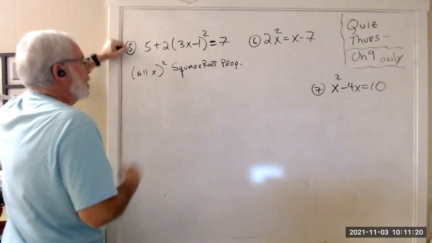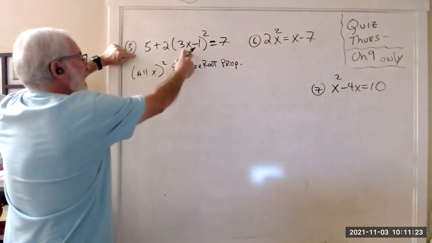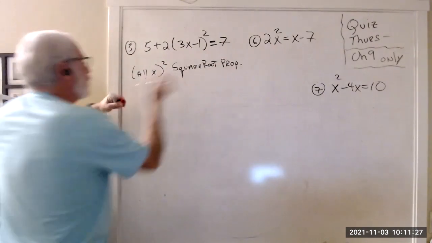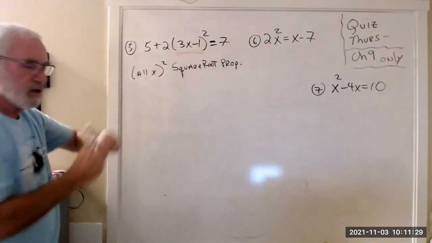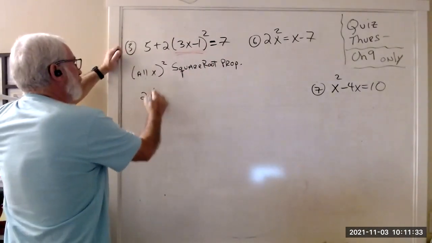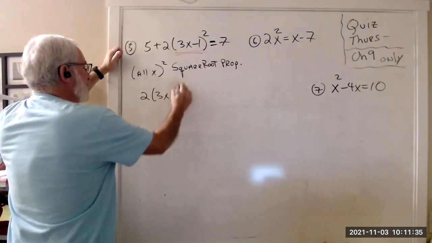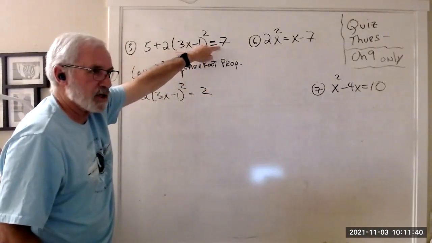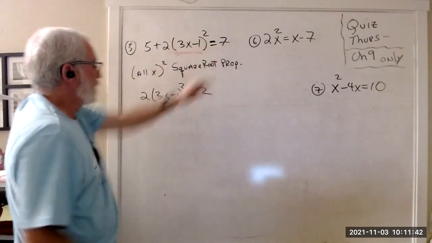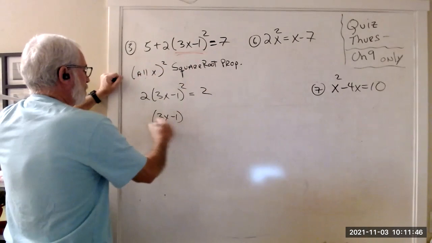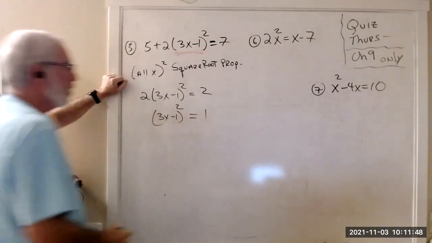So what we have to do is get this quantity all by its lonesome. To do that, I'm going to take 5 away from both sides. So I'm going to get 2 times the quantity 3x minus 1 squared equals 2. Then I'm going to divide both sides by 2 and get 1.